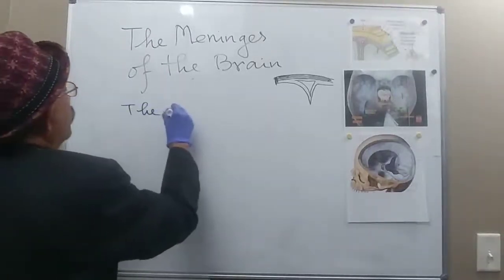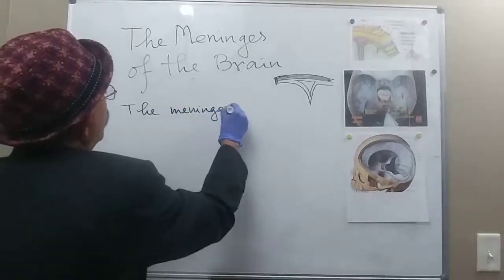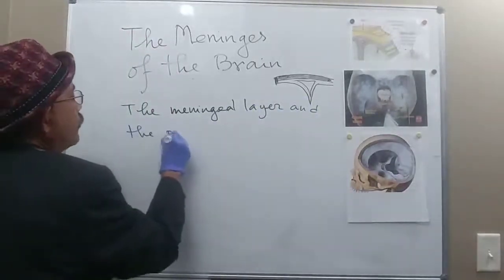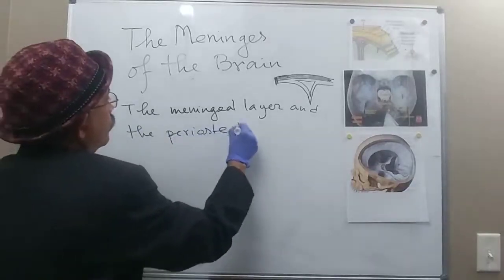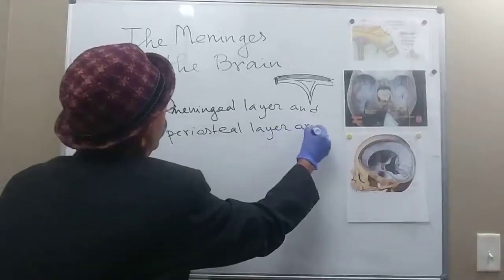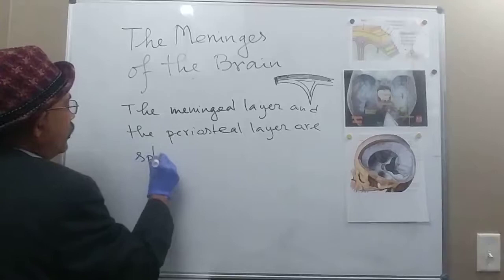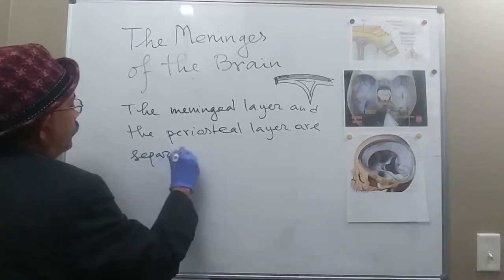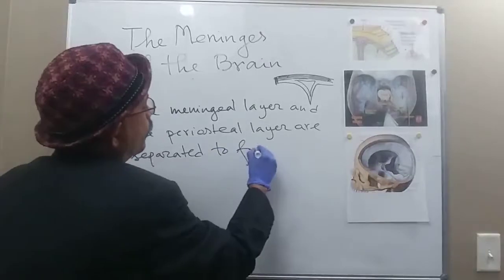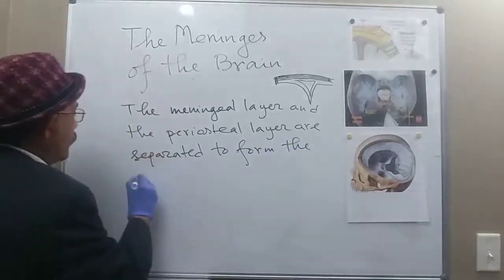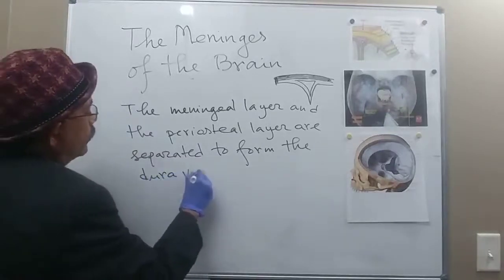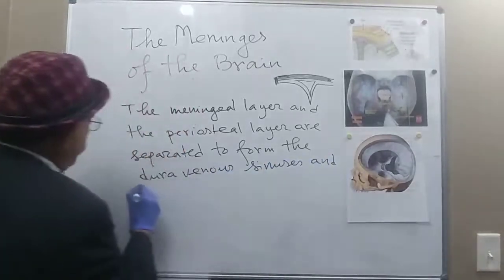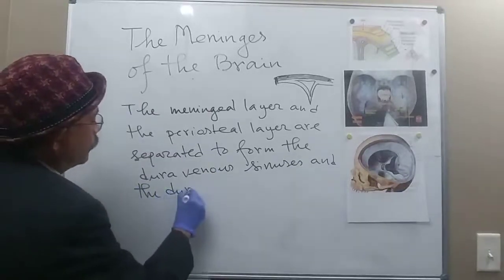The meningeal layer and the periosteal layer are separated to form the dural venous sinuses and the dural folds.